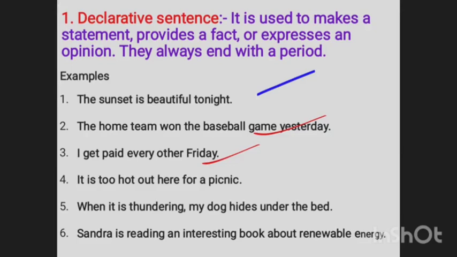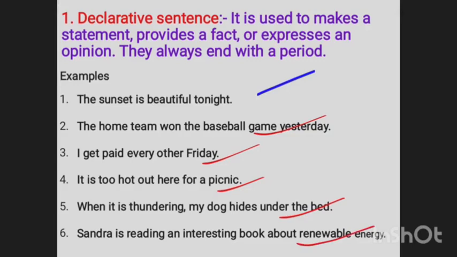It is too hot out here for a picnic. When it is thundering, my dog hides under the bed. Sandra is reading an interesting book about renewable energy.